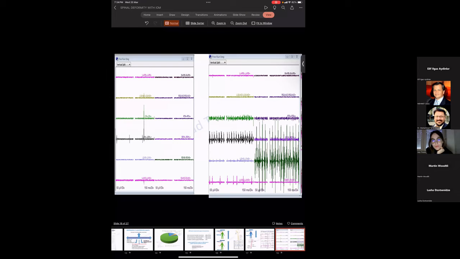We use saline to settle them down if this persists, and we ask the surgeons to give a momentary pause until this EMG activity settles down. Now, as I showed you in my previous slide, there is a 2% chance that the activity continues. It may lead to a TcMEP drop in that specific muscle, which may cause a post-operative deficit.